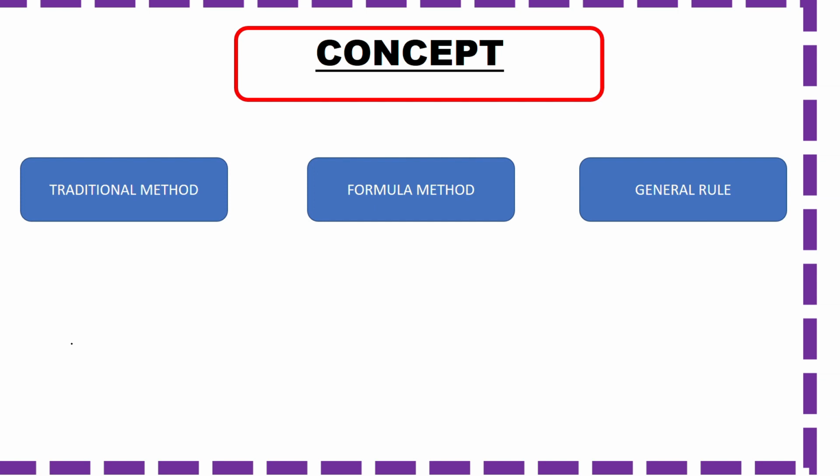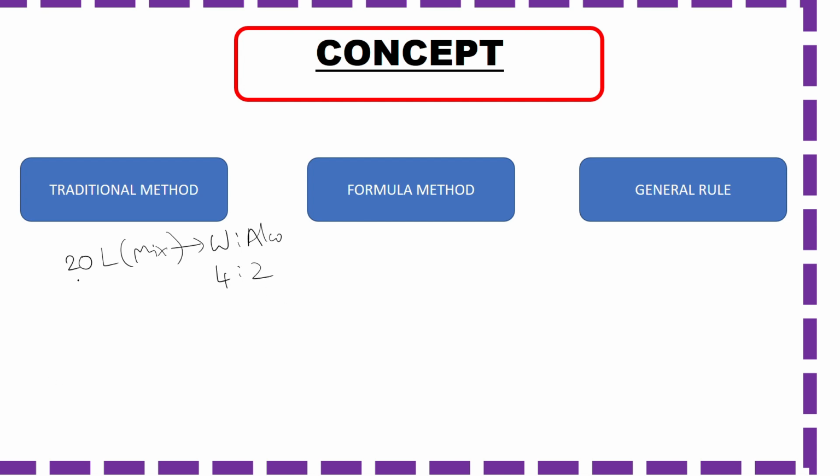So let's get into the traditional method of alligations and the formula method and then the general rule. If we consider traditional method, let's say you have 20 liters of a mixture. So this mixture consists of water and alcohol in the ratio 4 is to 2.